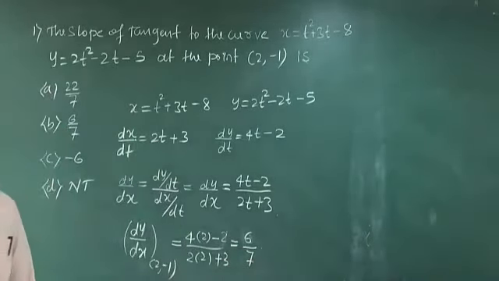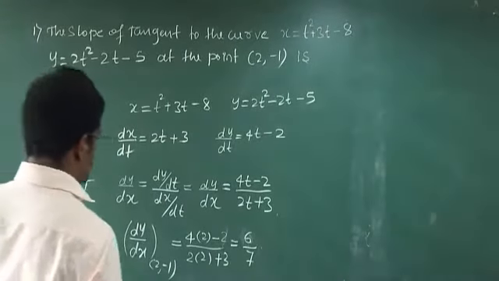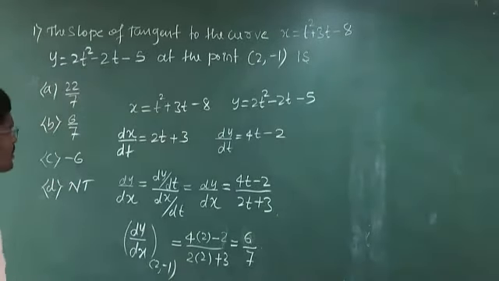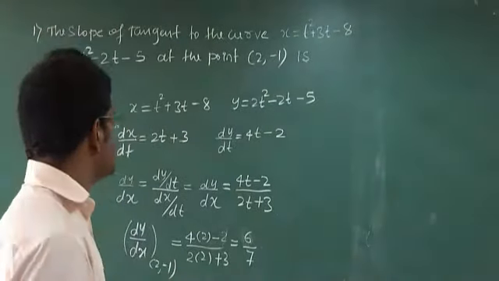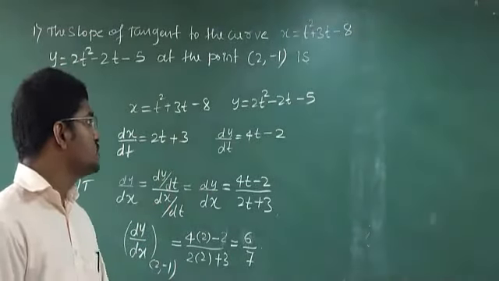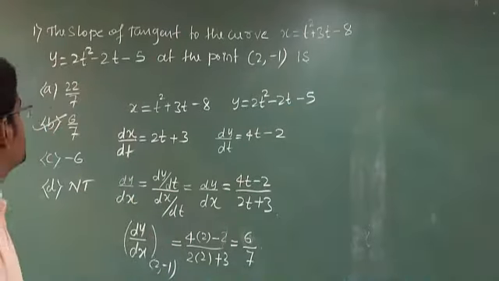So your answer will be 6 by 7. Option A is not your answer. Option B will be the correct answer, that is 6 by 7. Slope of tangent at the point 2 comma minus 1 is 6 by 7. I think it's clear.